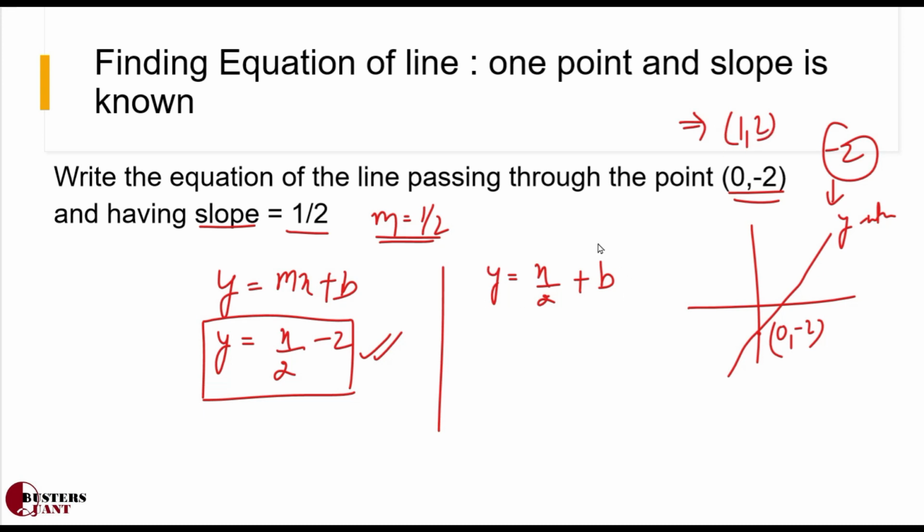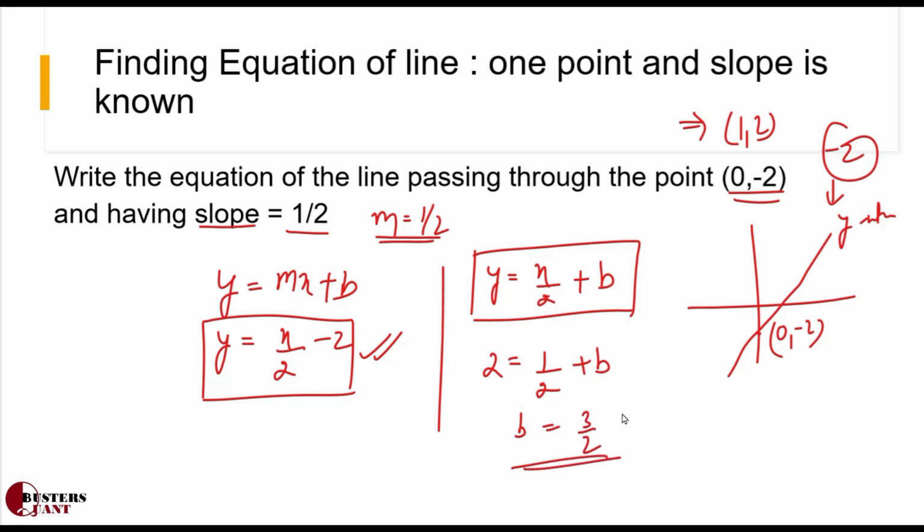So this point will satisfy this equation. We can put y equal to 2 and x equal to 1, so it will be 2 = 1/2 + b. Here I can find the value of b, which is equal to 3/2. So now the equation of the line will be y = x/2 + 3/2. This is the equation of the line now.